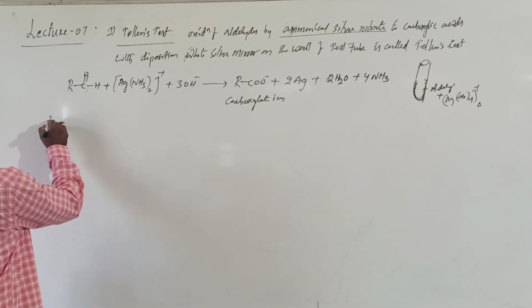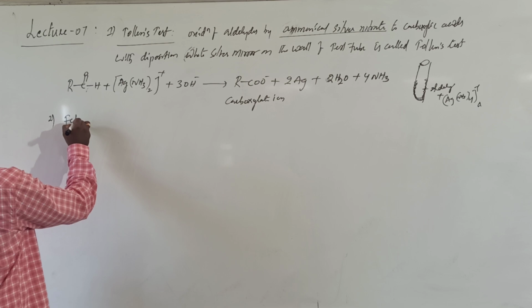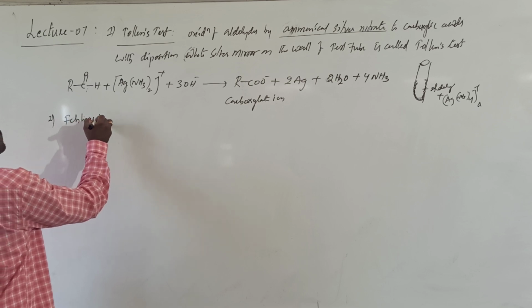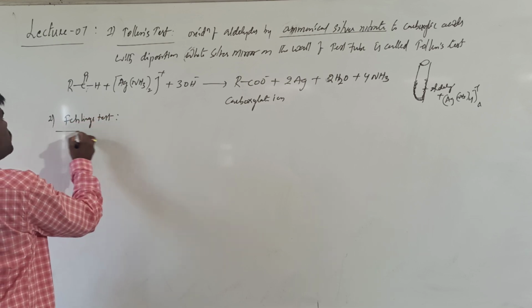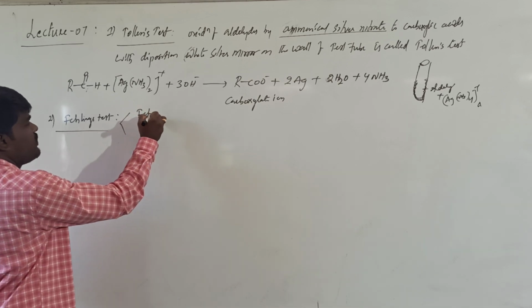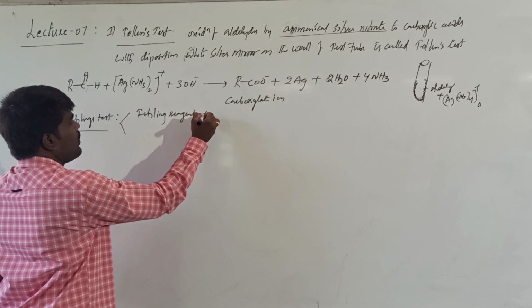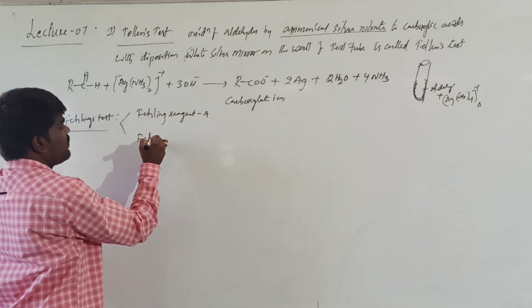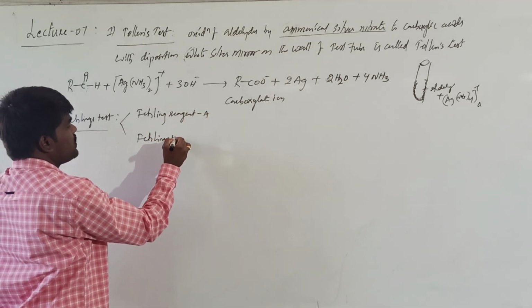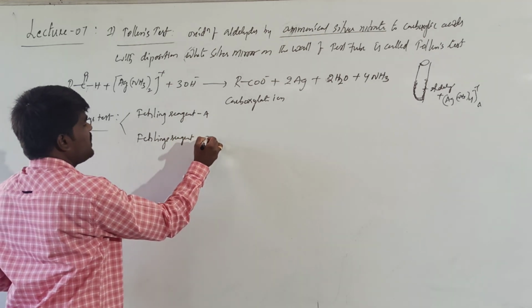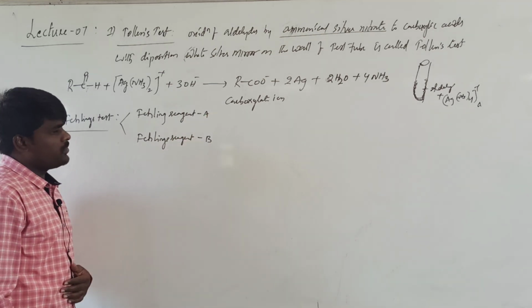The second one is called the Fehling's test. There are two Fehling's reagents, Fehling's reagent A and Fehling's reagent B, or Fehling's reagent 1 and Fehling's reagent 2.